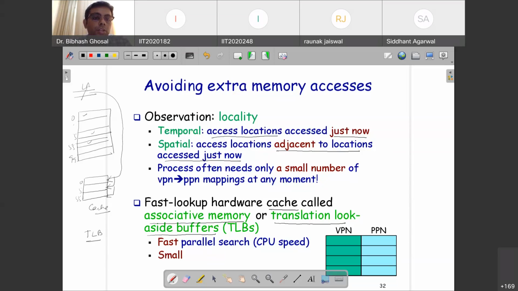So let's say you split this up into P and D, you obtain this P and you compare it with all the entries of this faster page table at the same time. If it is there, you get the frame number, and you are done. Very similar to a cache hit. But if the page that you're looking for is not in this cache, then you have to go back to the bigger page table and search from there. This is the concept of TLB. It's a fast lookup hardware cache.